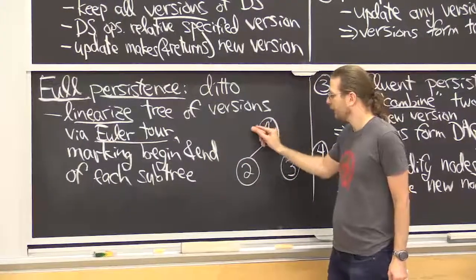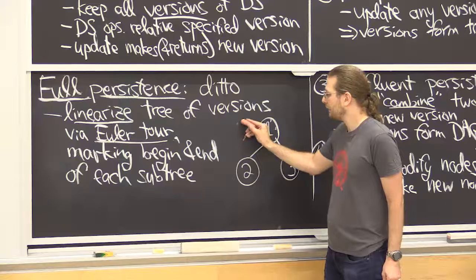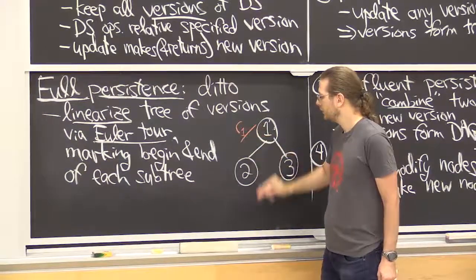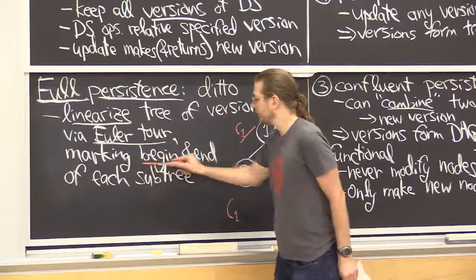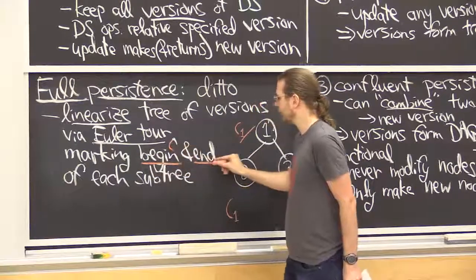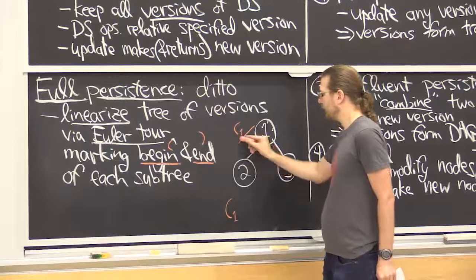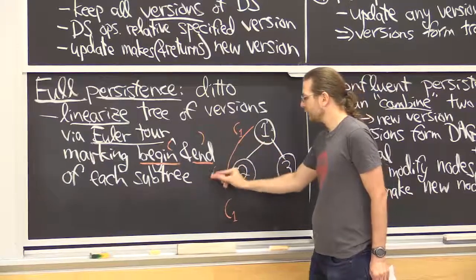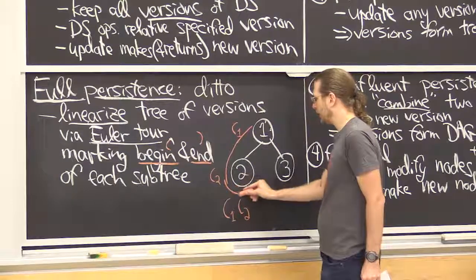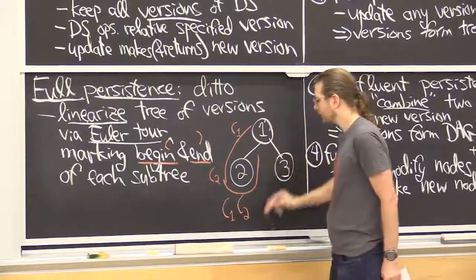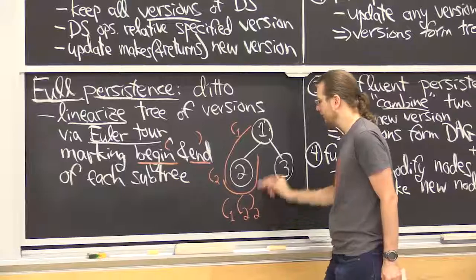So I start at 1, and I begin 1 by writing an open parenthesis 1. In general, the begins are going to be written by open parentheses. The ends are going to be written by closed parentheses. Then I visit 2 for the first time, so I write open parenthesis 2. Then I come back, and this is the last time I visited 2, so I write close parenthesis 2.